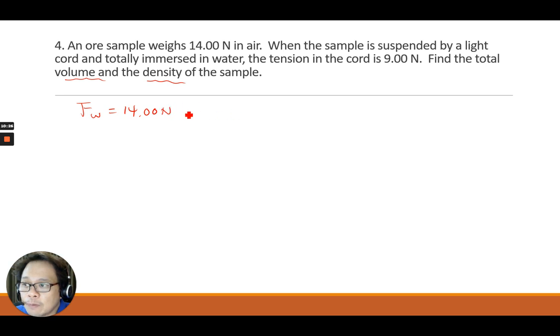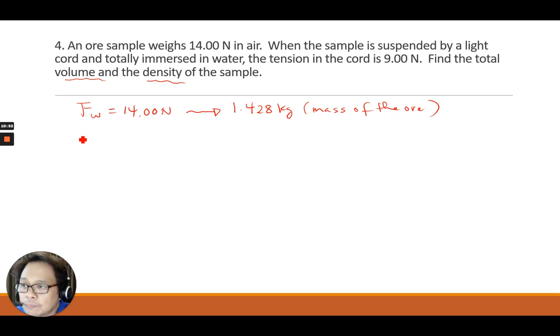From the true weight, we can get the mass. The mass, if you multiply this by 1 kilogram all over 9.8 newtons, you will get 1.428 kilograms. This is the mass of the ore sample.